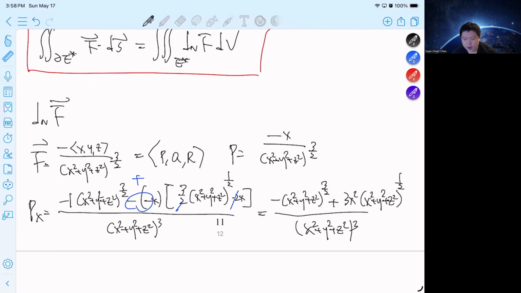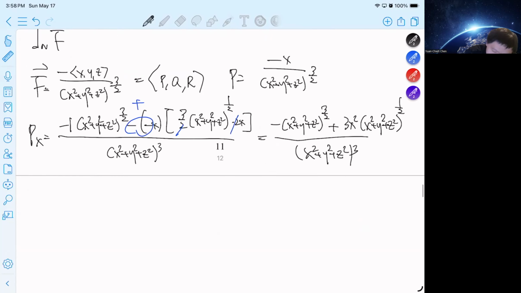When you differentiate with respect to x, the only thing is negative x in the numerator. So for Qy, it will be the same with y. We can guess that they are all of a similar form.